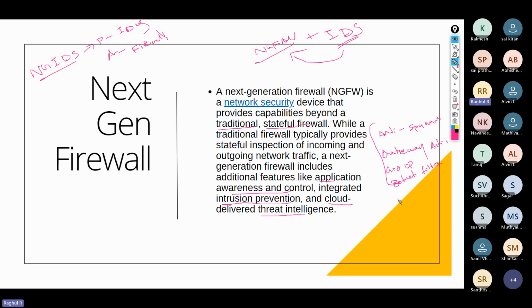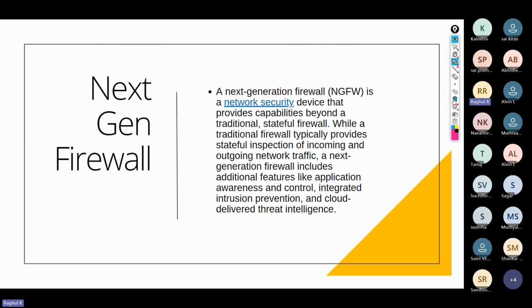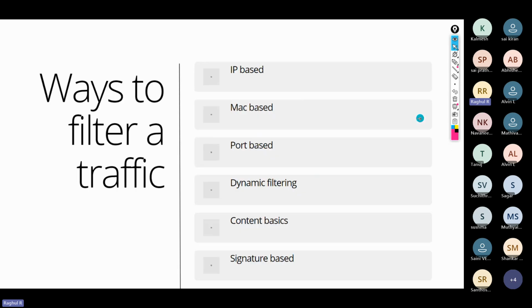Also some firewalls provide EDR support, but we need to integrate our firewall with some other external tool to get this EDR, endpoint detection and response. So this is all about the next generation firewall. We can discuss everything in separate slides.